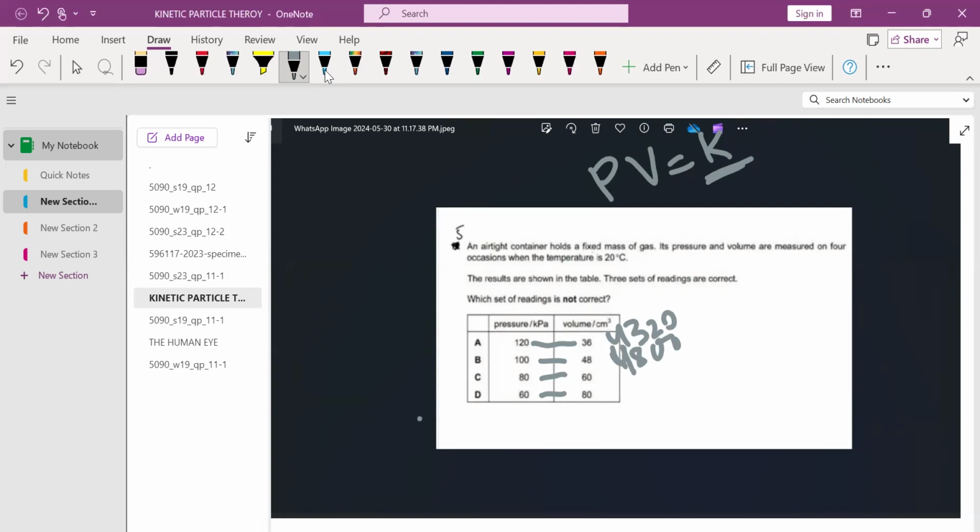Then 80 into 60, we get the answer again 4,800. Then 60 into 80, we again get the answer 4,800. So option B is correct for question number 3. In this option B, we get a different value for the constant K. So that is the set of readings that is not correct.